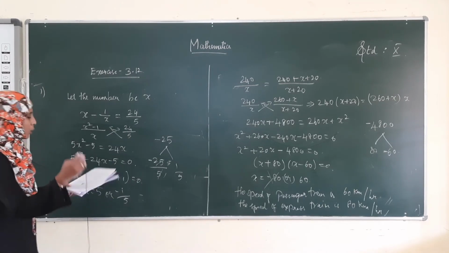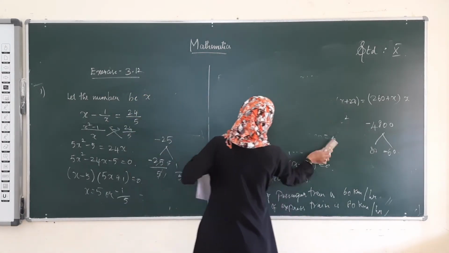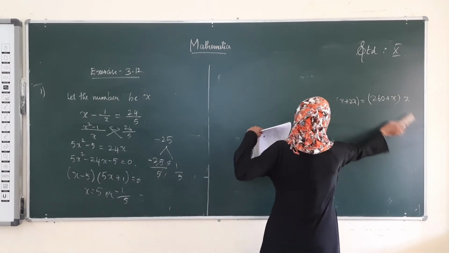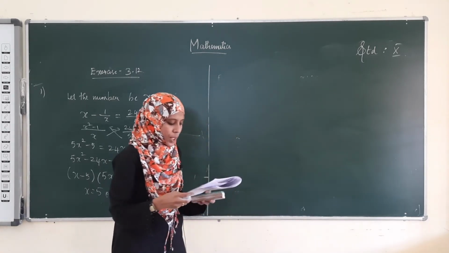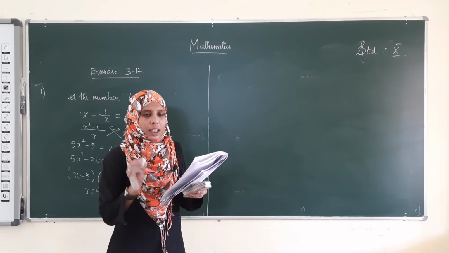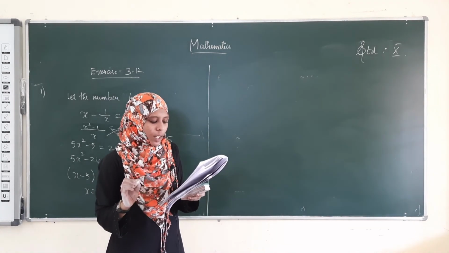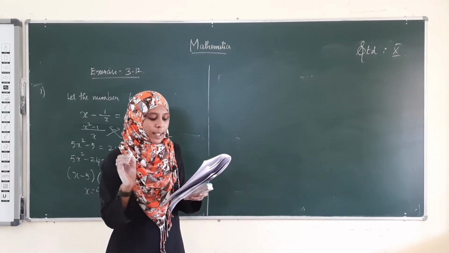Okay. Now, second sum. So, what's the second sum? A garden measuring 12 meter by 16 meter is to have a pedestrian pathway that is W meters wide installed all the way around, so that it increases the total area to 285 meters square.